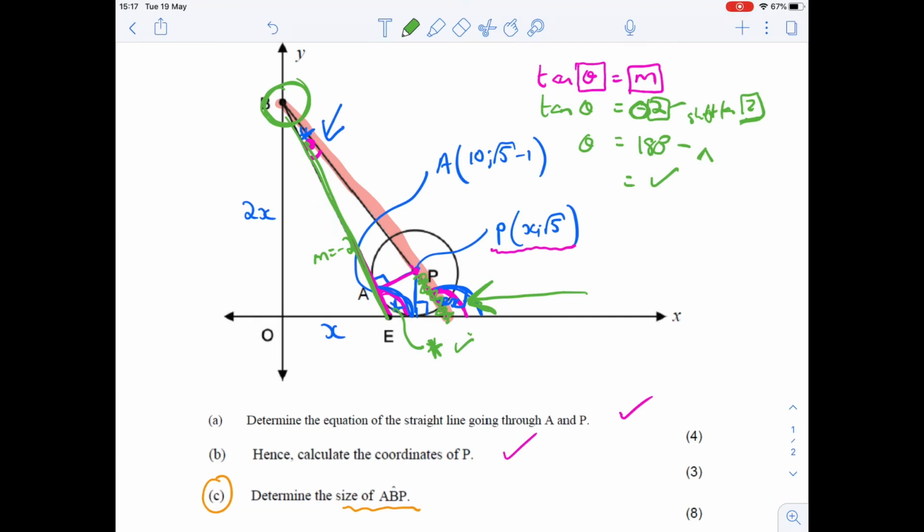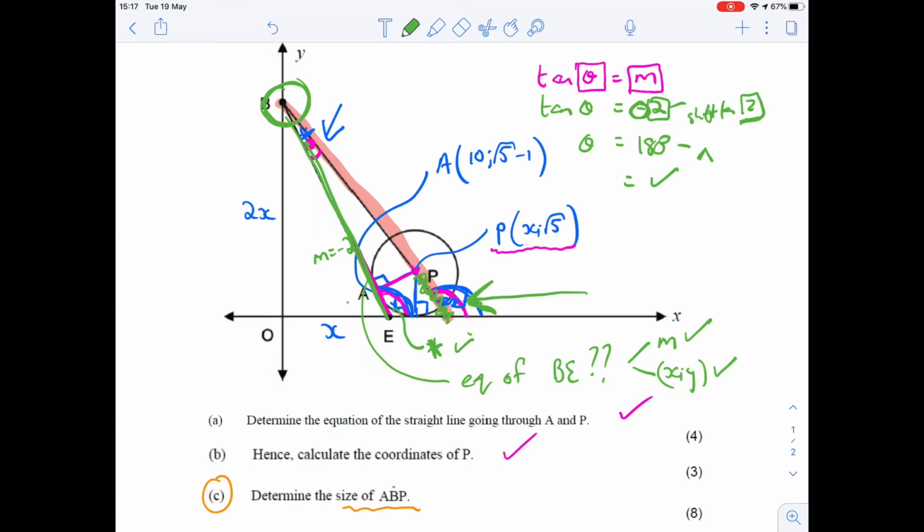I wonder if we can find the equation of this line, the line BE. Let's think of that. The equation of the straight line BE, I need a gradient and I need a random point. Yes, do I have the gradient? It's -2. Do I have a random point? Yes, I do.